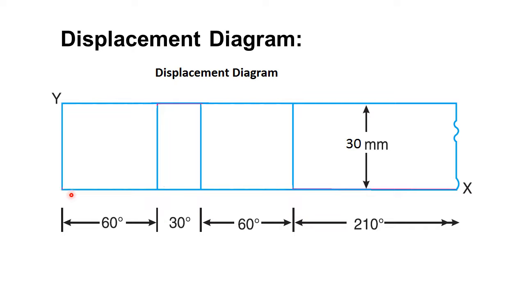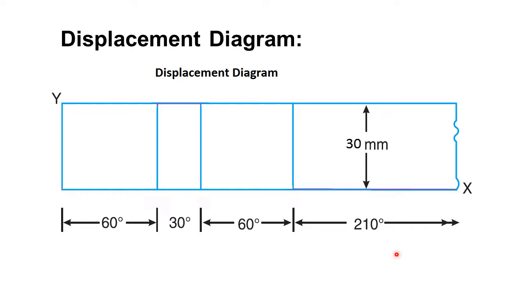So for this, along x-axis we take the angle of rotation of cam. So along this x-axis you can see we have taken 60 degrees for the rise, 30 degree for the dwell, like that, 60 degree for the return stroke and 210 degree for the dwell.